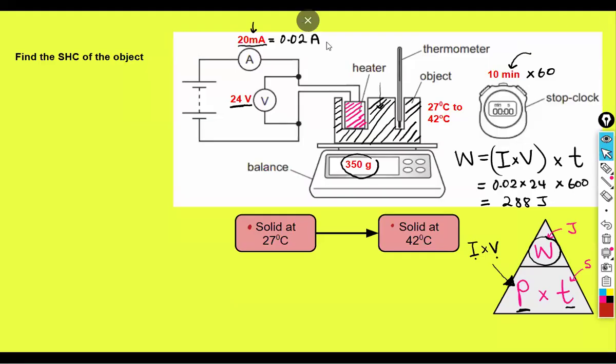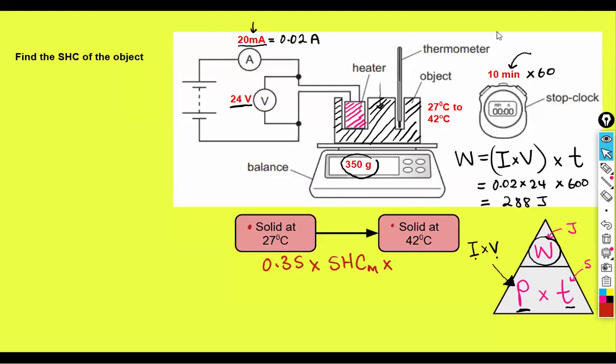And the answers are popping up, but I'll still give you all some time. All right, so let's see here. The mass of the metal, you gotta divide it by 1,000, right? So it's 0.35. We don't know the specific heat capacity of the metal and how much is the change in temperature. It went from what? 27 to what? 42. 42 minus 27.